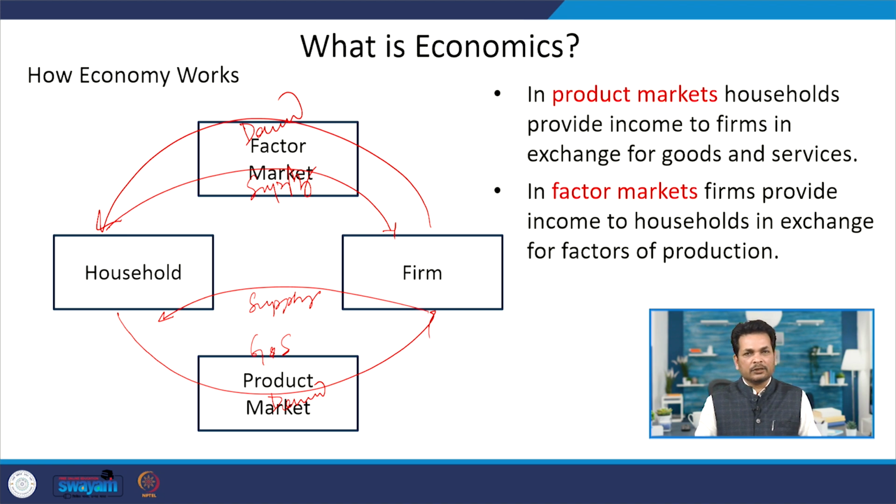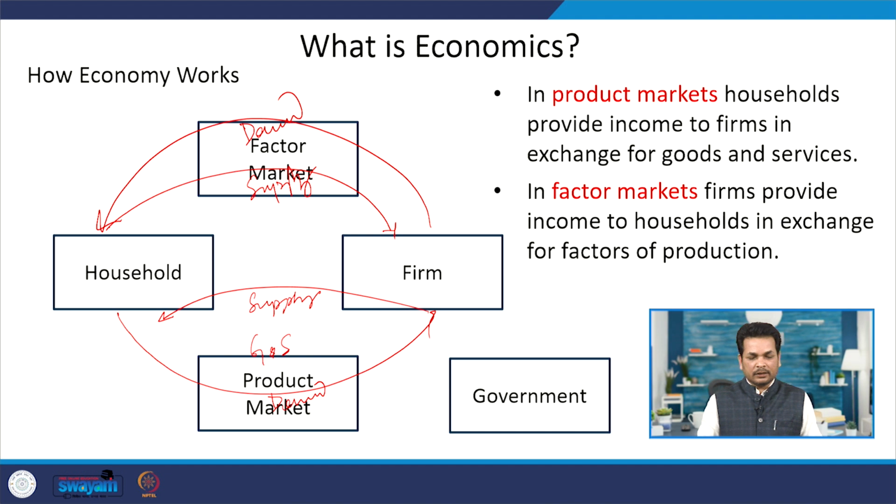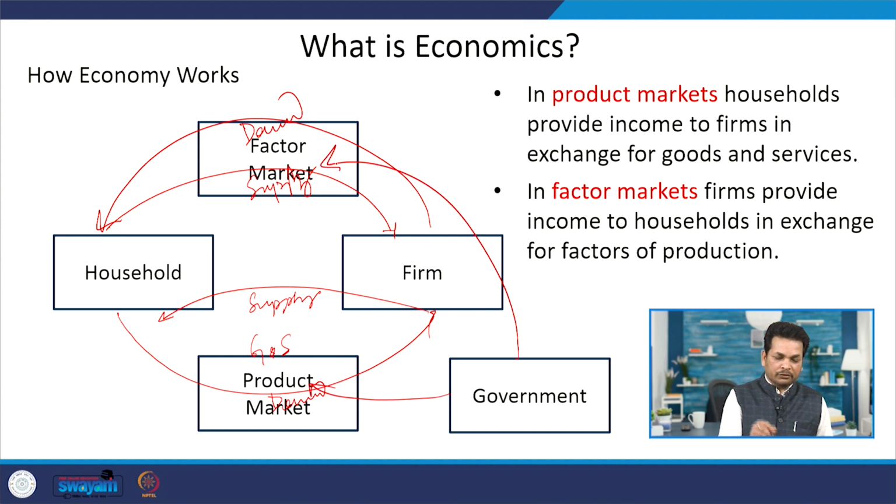Now, if you take into consideration the government, in the 21st century almost all the economies in the world have some kind of governance, and the government intervenes both in the product market and factor market with some kind of regulations. So, if we expand this two sector economy to a three sector economy, you have three players in the economy: the household, the farm, and the government.